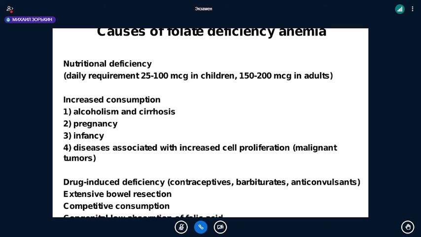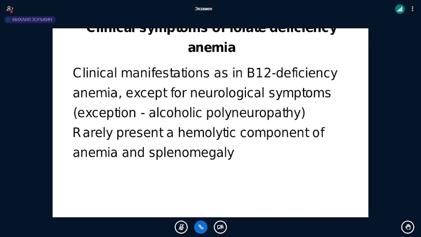And so usually folic acid supplements are given as a common regimen drug for pregnancy. Clinical symptoms are usually similar to B12 deficiency. The only exception is that neurological symptoms are usually absent here.